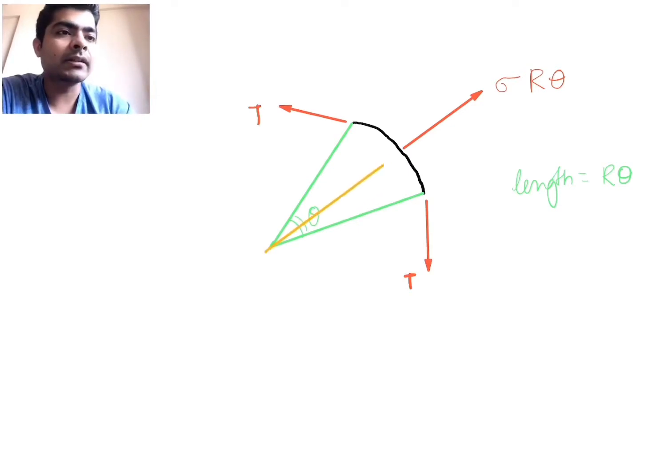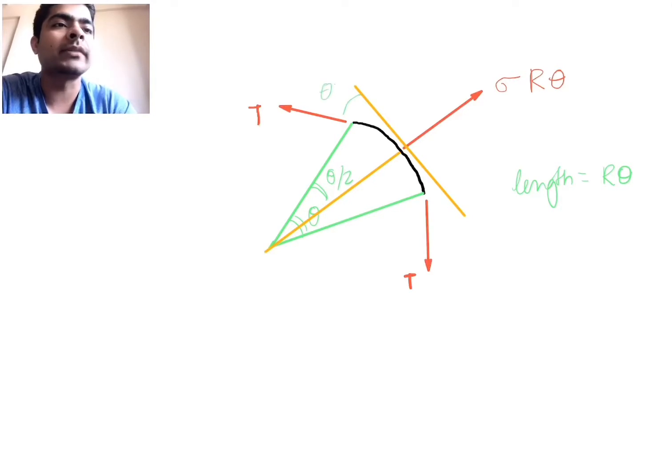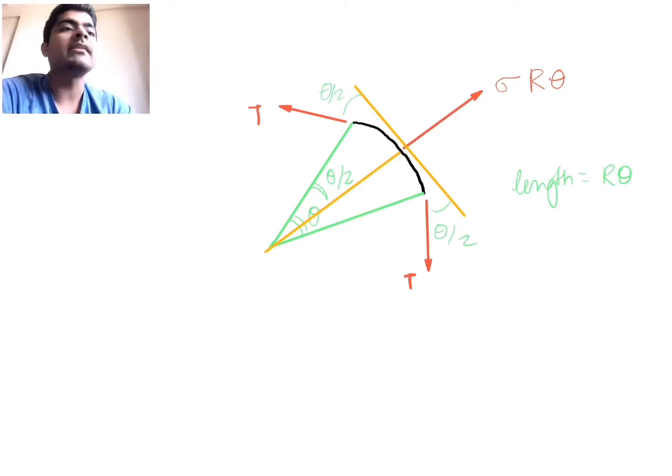Now let's draw this line over here, which is bisecting the angle into two parts, and I drop a tangent over here. Then this angle will be theta by 2, and if you apply geometry properly, this angle will also be theta by 2, this angle will also be theta by 2, and now we can apply the force equation.